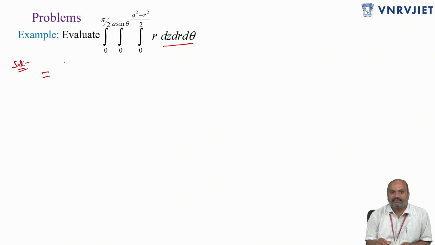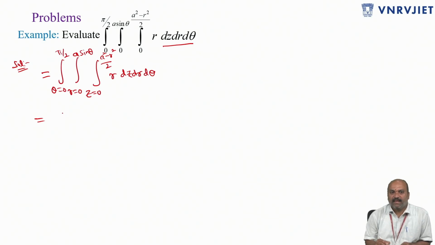Now let's evaluate this one. This is equal to: theta limits are 0 to pi by 2, r limits are 0 to a sin theta, and z limits are 0 to a square minus r square divided by 2. It is r dz dr d theta.